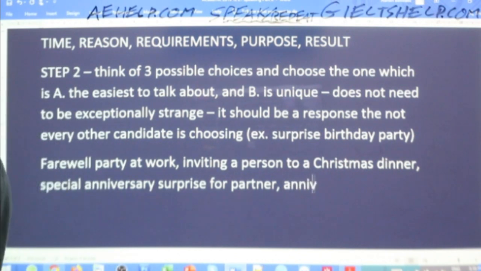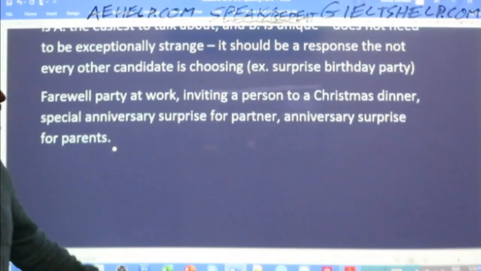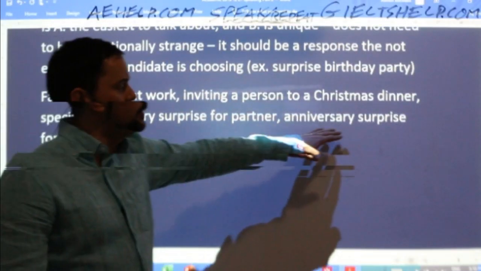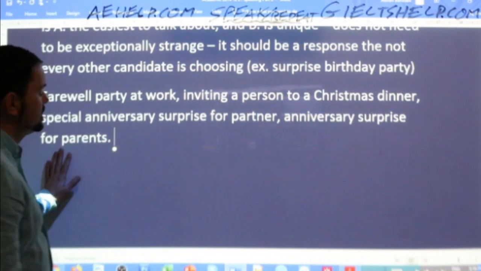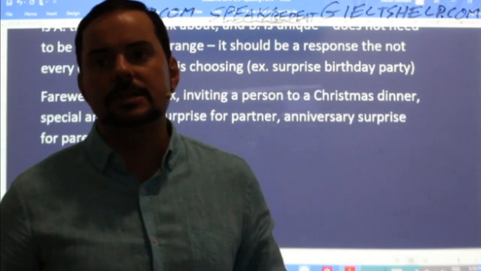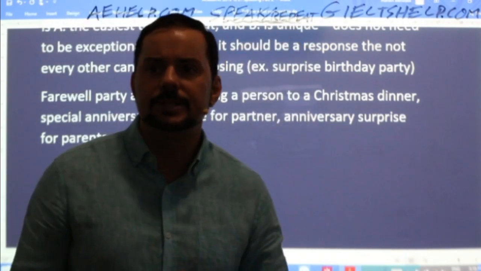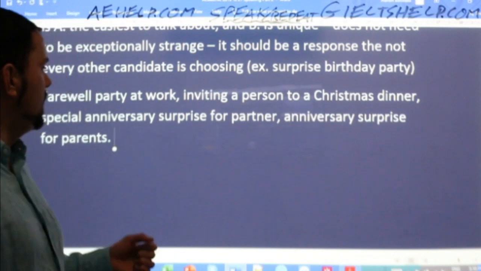Okay. Why is that really good? Why would this one be really good? So if you thought about anniversary surprise party for parents, why would that be a really good one? And look how several students are like, yeah, the parents, of course. Bopin, Hikmatillo, Preeti, yeah. So why would that be a good one?